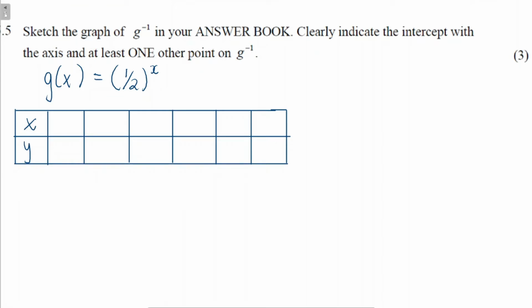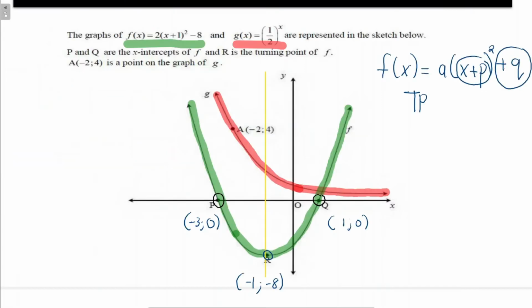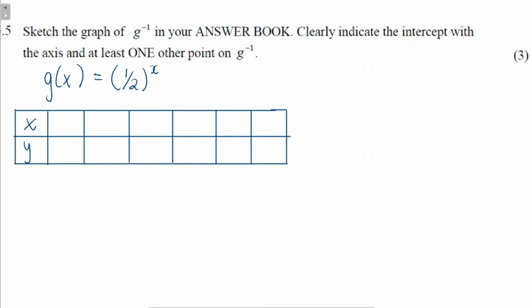Let's look at this g of x function quickly. We are only given the coordinates of A, which is -2 and 4. So I'm also going to start this function at -3, -2, -1, 0, 1, and 2. Guys, we know to get the y coordinates, you are just going to simply substitute.